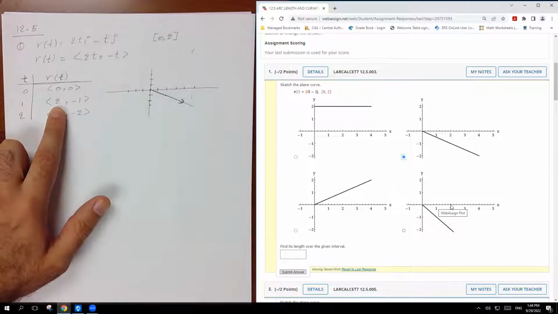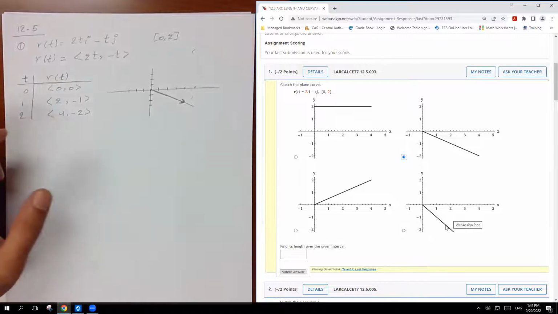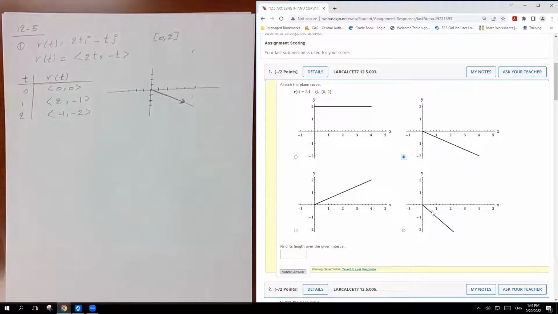So 2 and negative 1 is on the line. It's not a curve, because it's linear, so it's going to be a straight line. Exactly here. That's why this is the right choice.